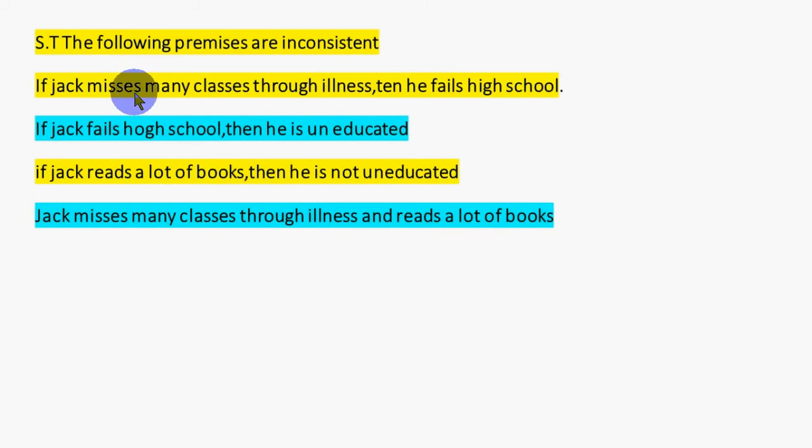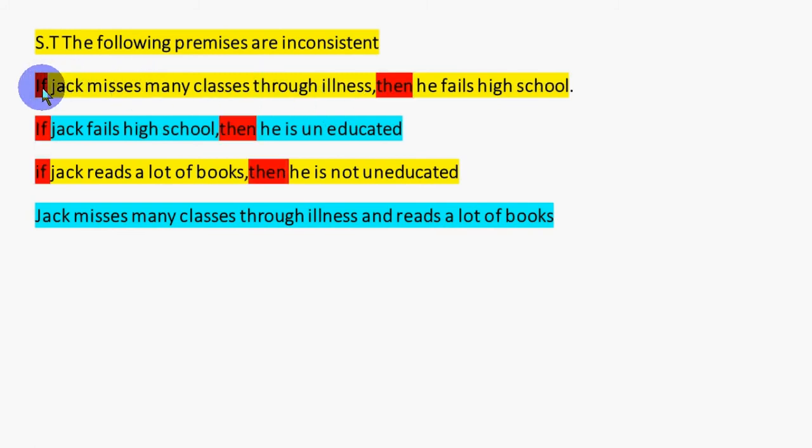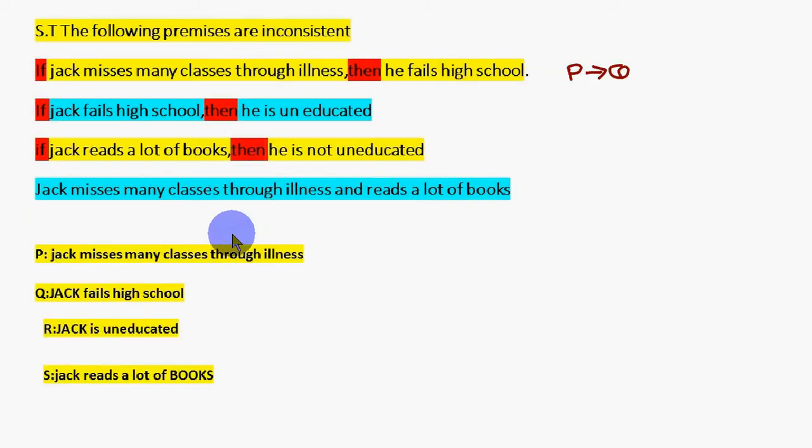First, observe what the conditionals are here: if-then like that. I have considered P as Jack misses many classes through illness, Q as Jack fails high school, R as Jack is uneducated, S as Jack reads a lot of books. From the given sentences I have arrived at P, Q, R, S as four statements.